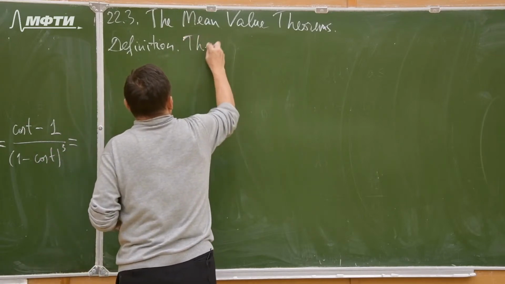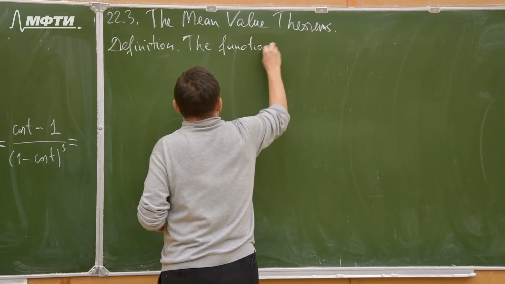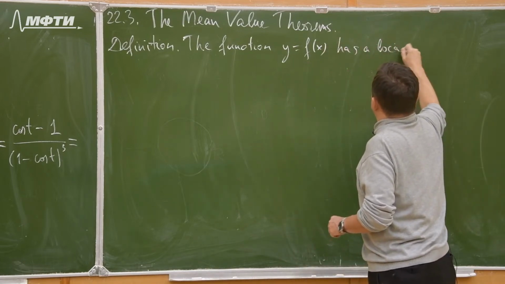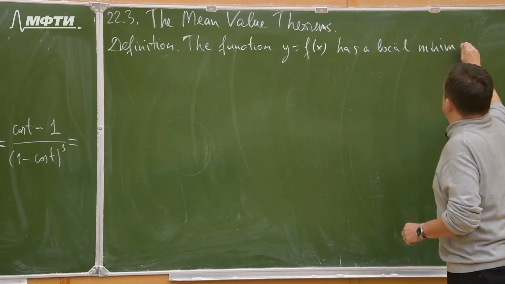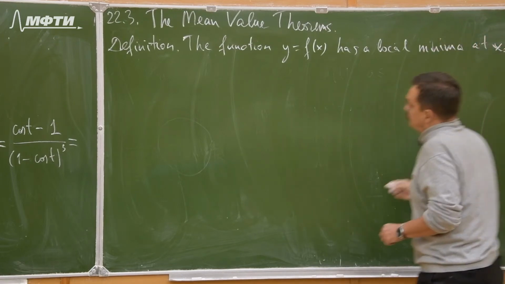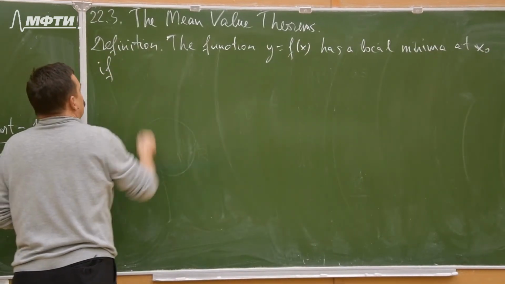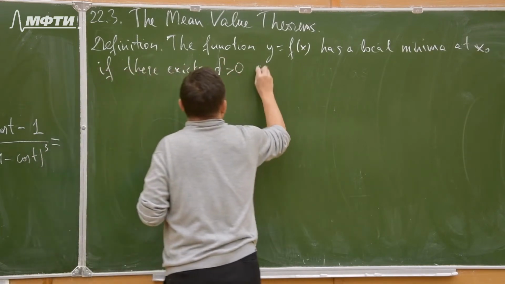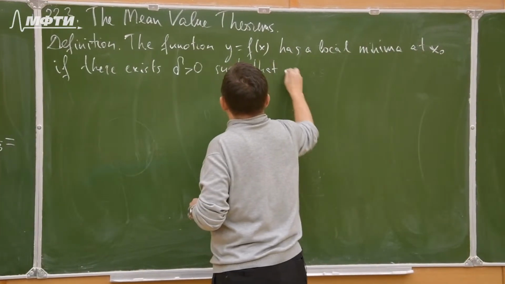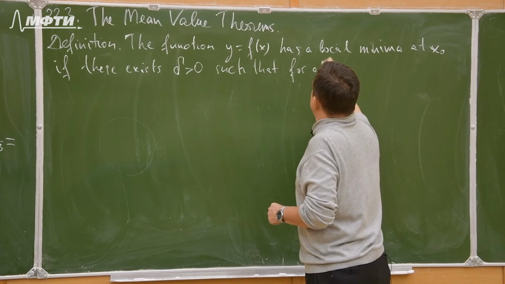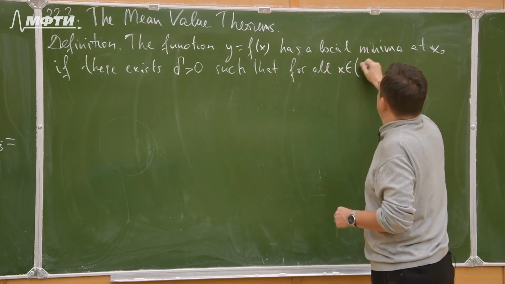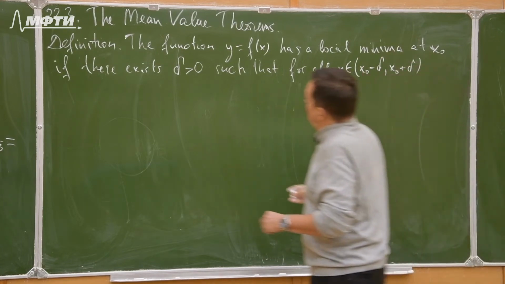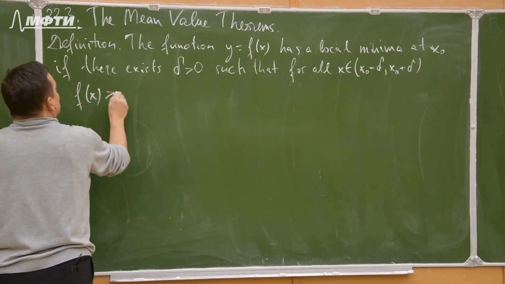The function y equals f of x has a local minimum at x0 if there exists delta greater than 0 such that for all x in (x0 minus delta, x0 plus delta), f of x is greater or equal to f of x0.